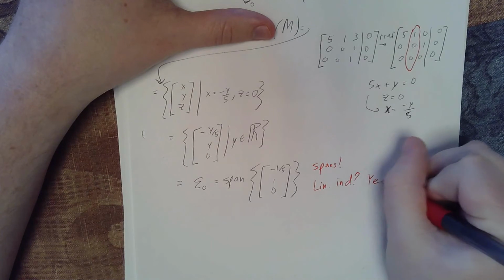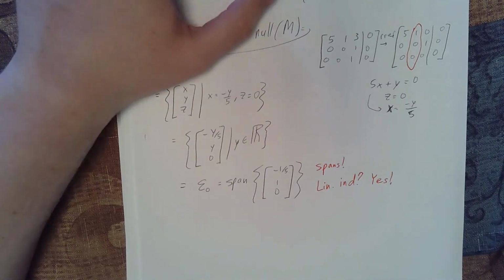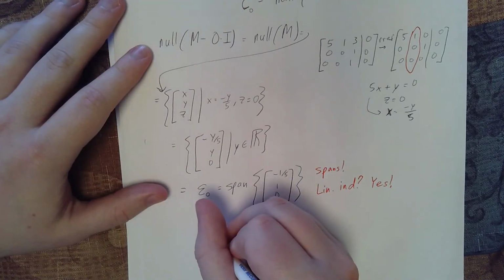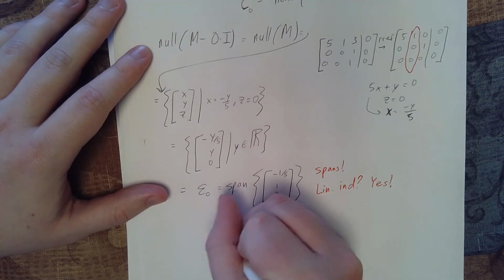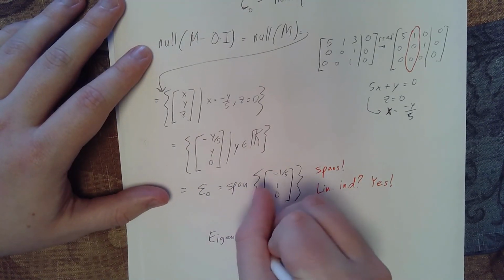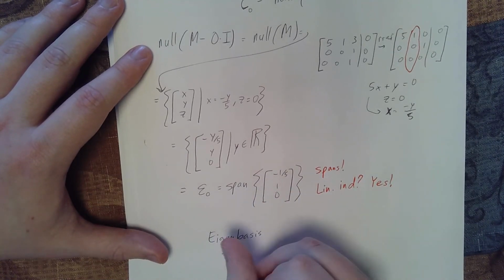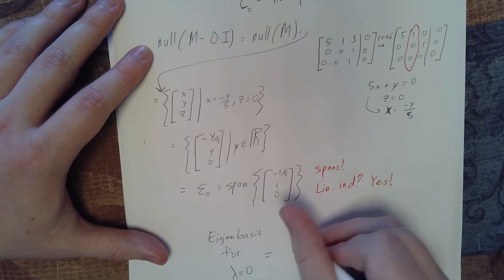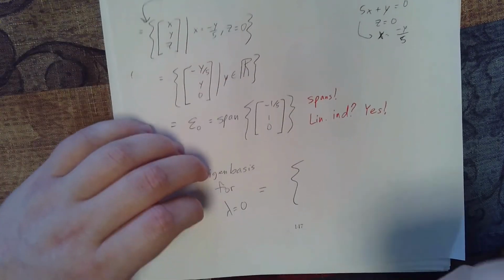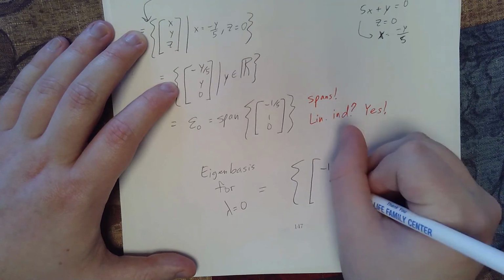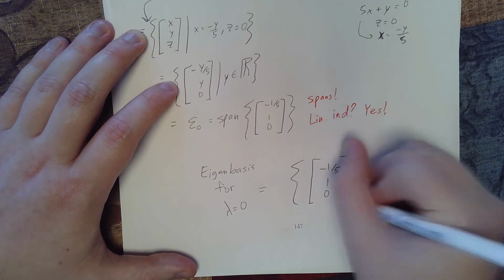So linearly independent, yes. That means that the eigenbasis for lambda equals 0 is just going to be the set containing this vector, negative 1/5, 1, 0.